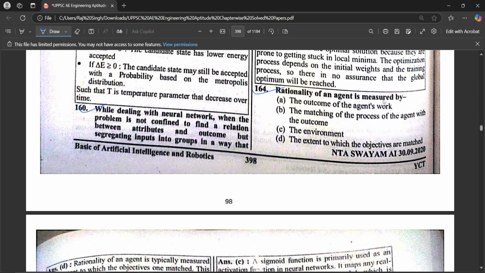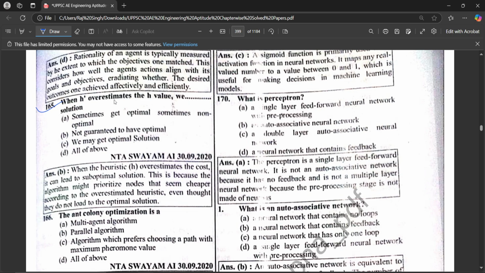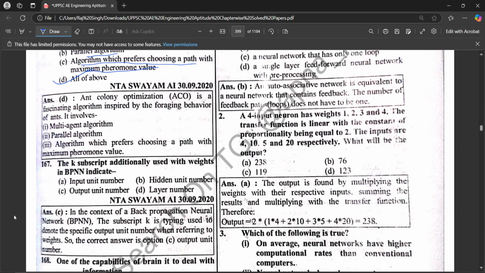Rationality of an agent is measured by the extent to which the objectives are matched. When H overestimates the H values, the A* solution, we cannot guarantee to have optimal. Ant colony optimization is a multi-agent, parallel algorithm which prefers choosing a path with maximum pheromone value, hence all of the above.